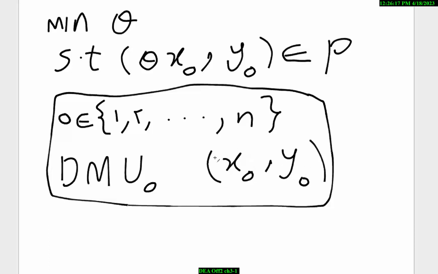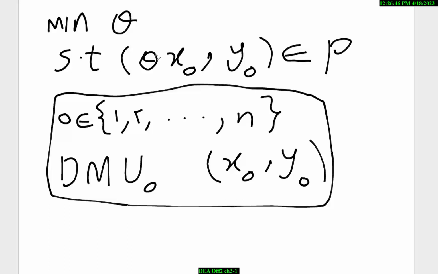yo with the smallest inputs. So we search in the production possibility set to find a pair of inputs and outputs that minimize the inputs, indeed, as you see here.